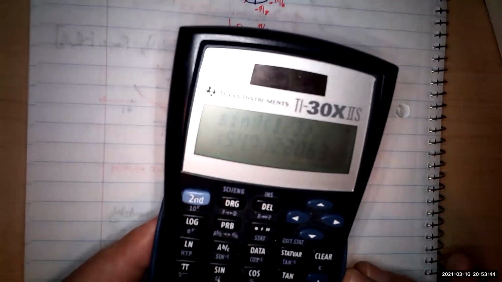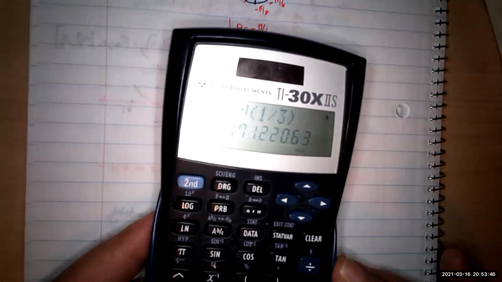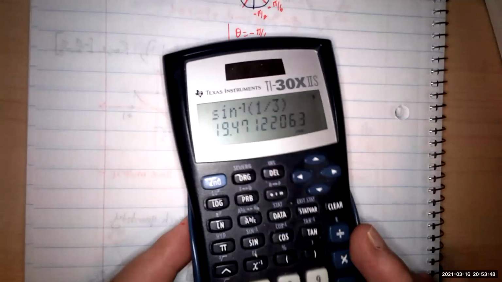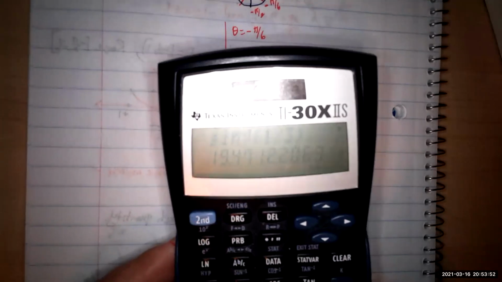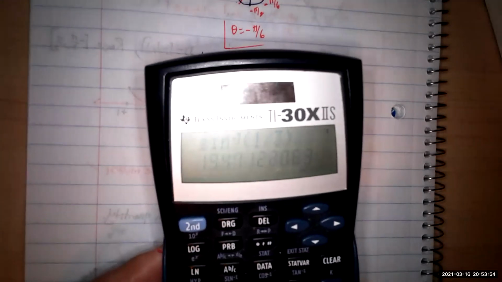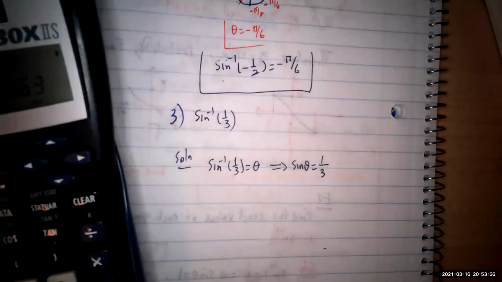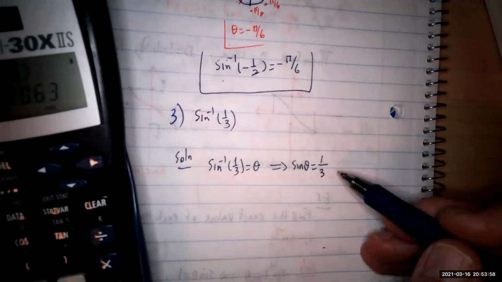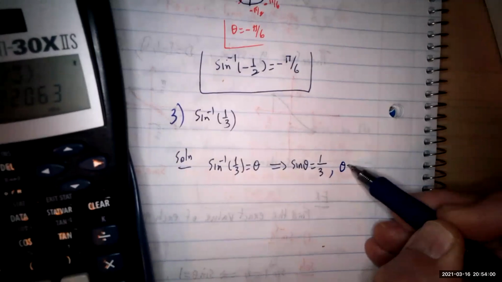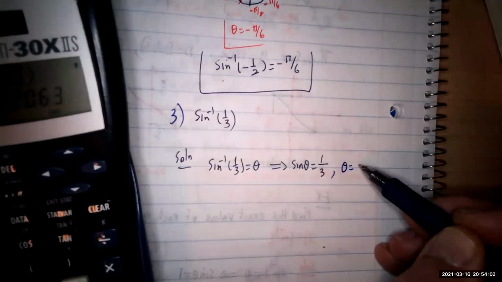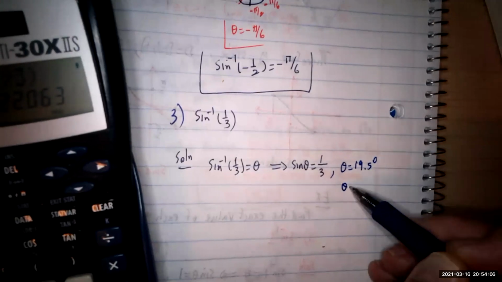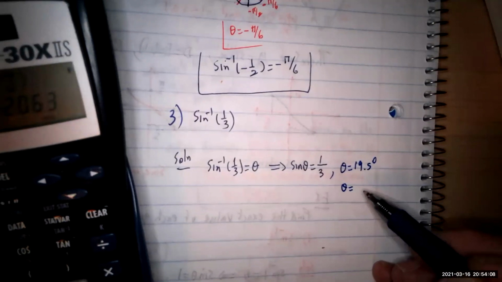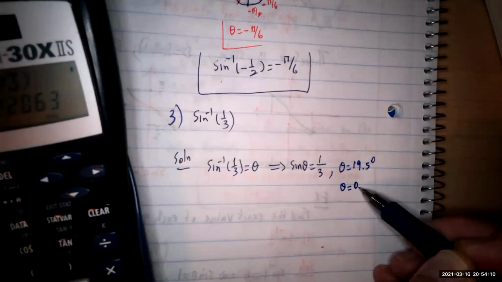My calculator was set on degrees, and it gives me 19.5 degrees. If you set it on radian, I think you get 0.34.